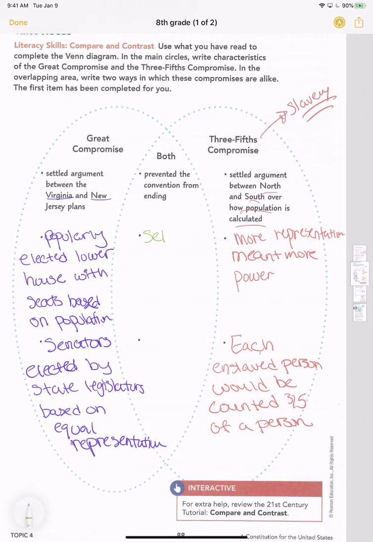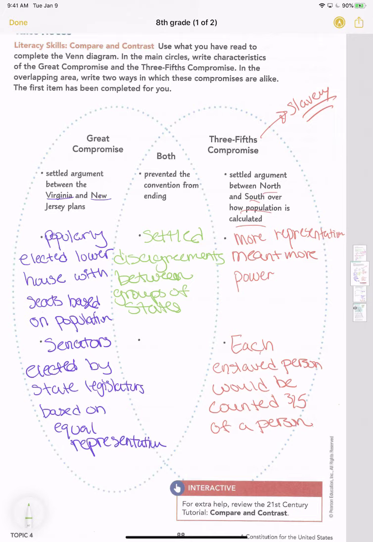Settled disagreements between groups of states. All right, that's basically what a compromise is.